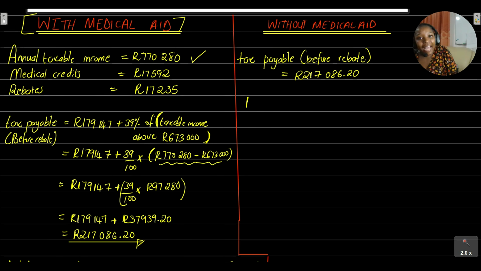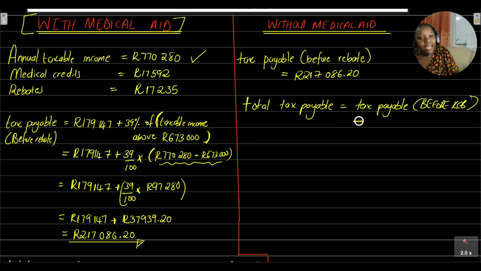Now, in this case, to get the total tax payable, what will we do? It'll just be the tax payable before rebate minus rebate, but we're not going to minus the medical credits. Why? Because they said without medical aid. So he does not qualify to get any medical credits because he does not have medical aid.